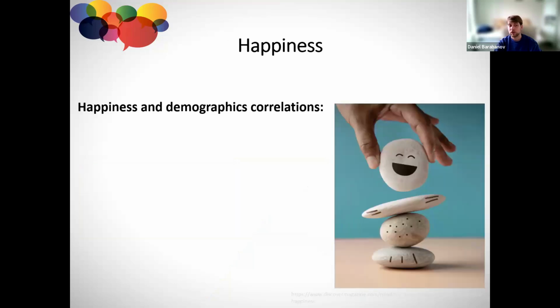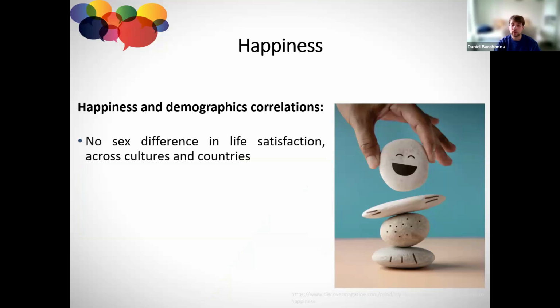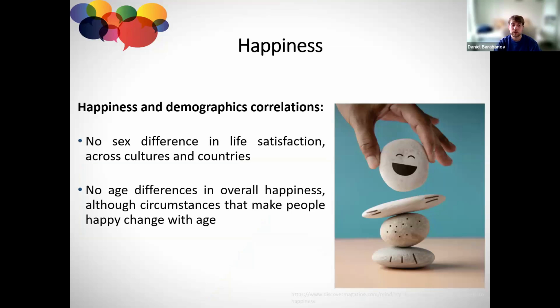So first of all, happiness has a certain correlation with demographic characteristics, not personality characteristics, just demographic. Research on happiness didn't find sex differences in life satisfaction. So men and women are equally happy or unhappy, depending on the country and culture. They didn't find age differences in happiness, but the reasons, what makes you happy, of course, are different.